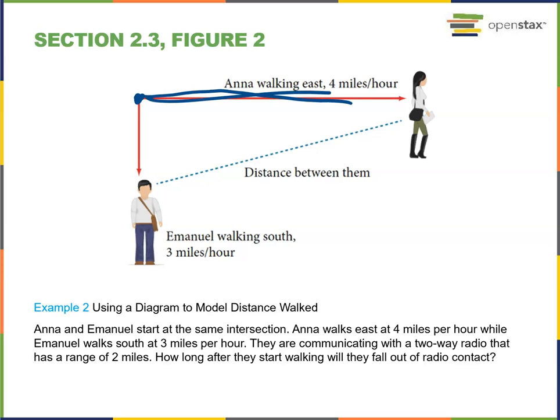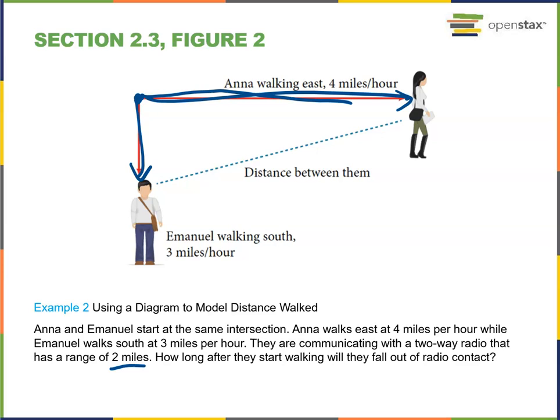That's Anna. And Emmanuel walks south at 3 miles per hour. So this is Emmanuel. They are communicating with a two-way radio that has a range of 2 miles. How long after they start walking will they fall out of radio contact?